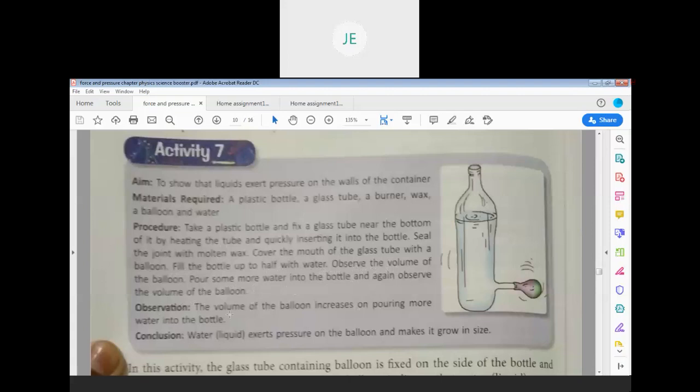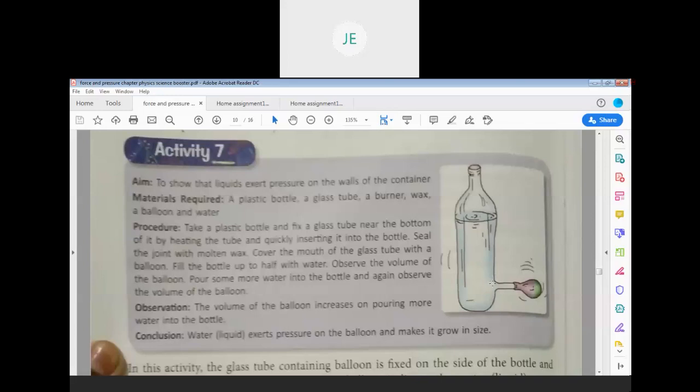Pour some more water into the bottle and again observe the volume of the balloon. The volume of the balloon increases on pouring more water into the bottle. From this result, we can say that the liquid exerts pressure on the walls of the container.